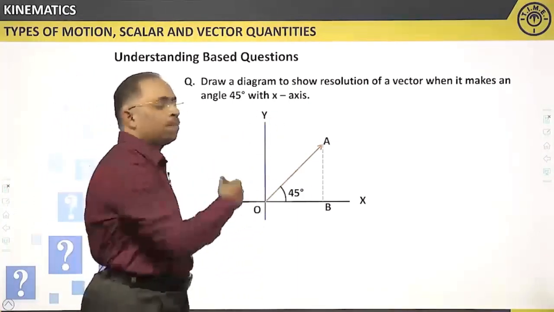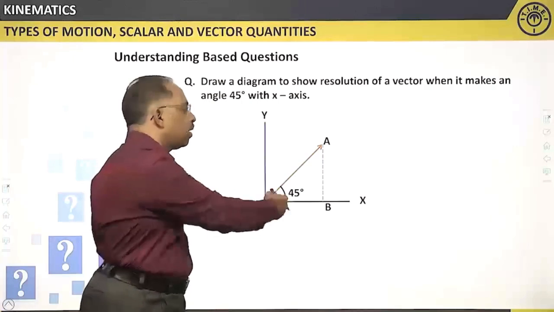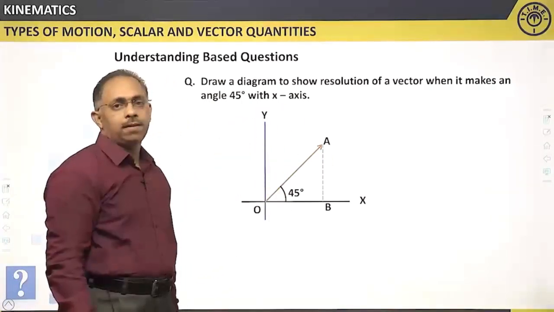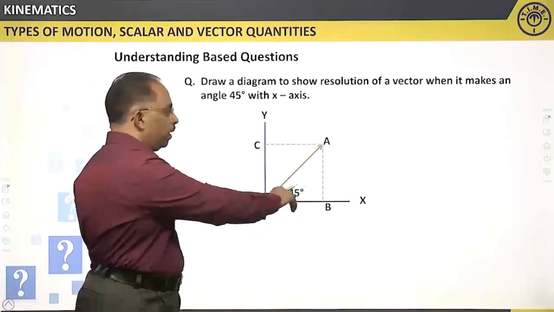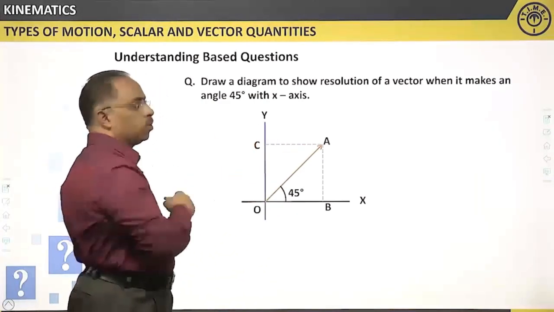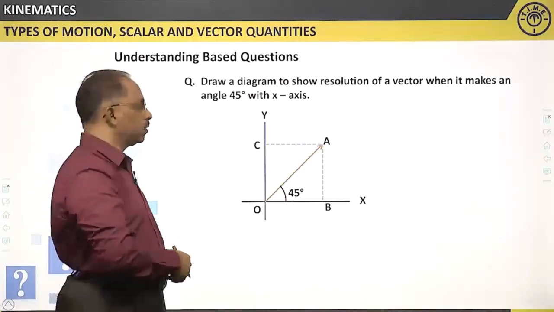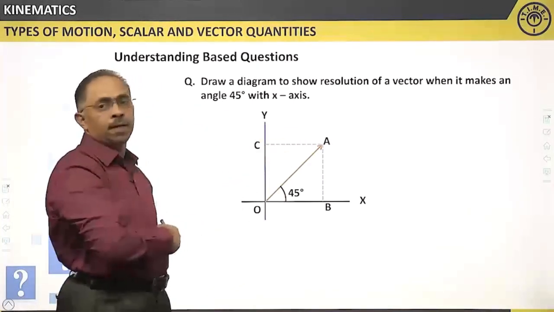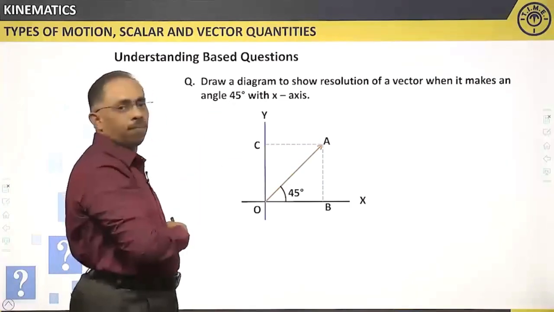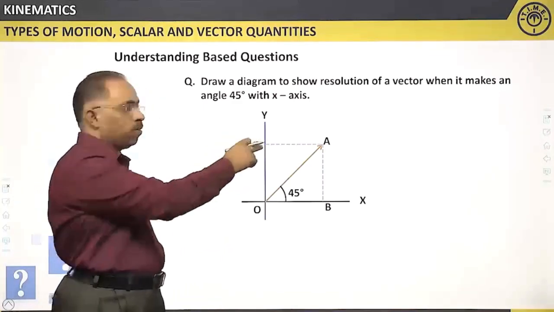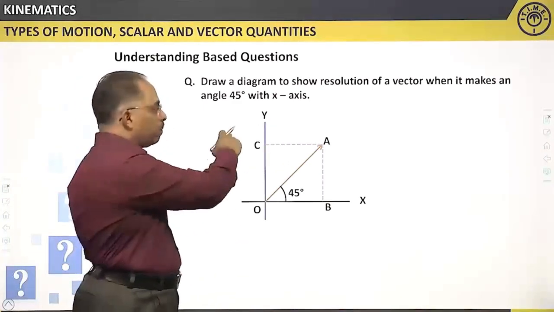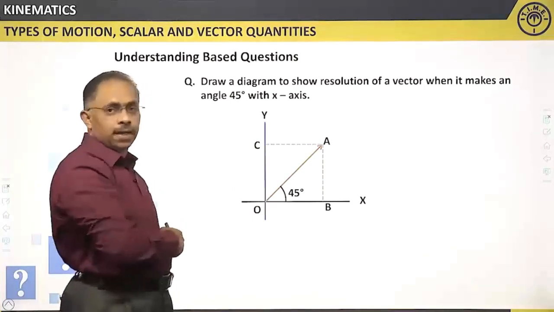AB will represent the projection of OA onto the x-axis. Along the x-axis the component will be OB, along the y-axis the component is OC. From A to C I am dropping a perpendicular onto the y-axis here. OC will be giving me the y component and OB will be giving me the x component.